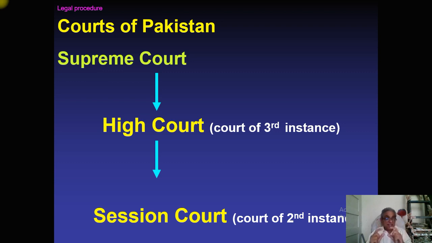Interpretation of law and constitution is the job of the Supreme Court. It also acts as a court of appeal against the decision of the High Court.